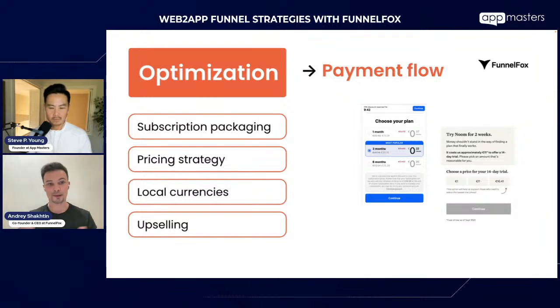Probably there could be different topics and different segments with different matches. Yeah, and here, if you sell subscription globally, it's important to have local currencies, of course. Yes. It can bring you up to 20 or 30% conversion rate in these countries.